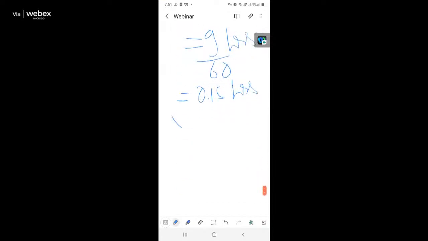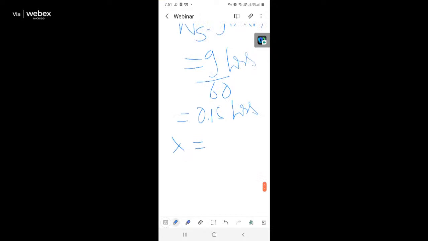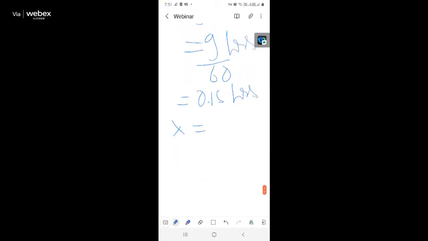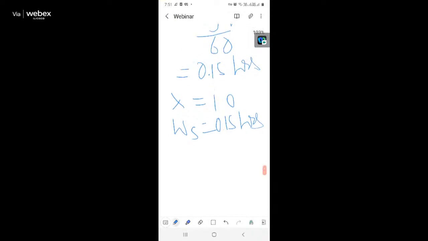So you have got the value of lambda to be 10 and WS to be 0.15 hours. So these two are ready now.